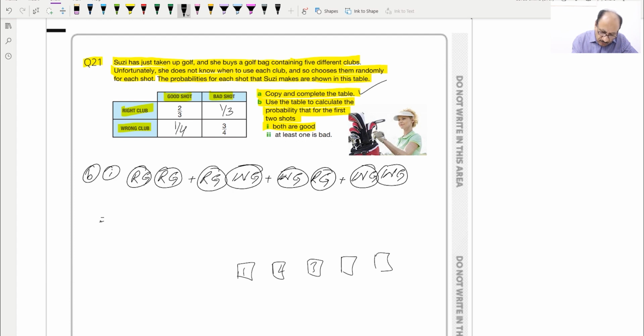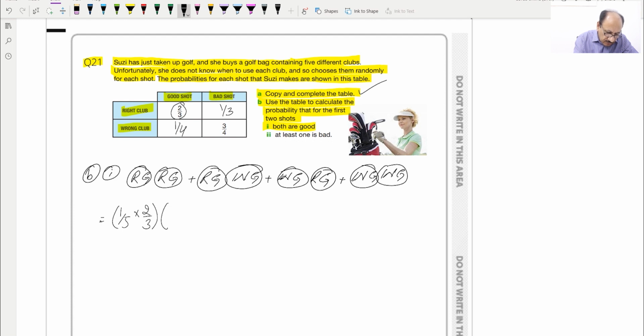Out of these 5 clubs, only 1 is right. So 1 out of 5 is right and 4 out of 5 are wrong. So we will take 1 out of 5 for the right one, and which is good. So for right good is 2 by 3. So we will multiply this by 2 by 3 and this will be the probability.